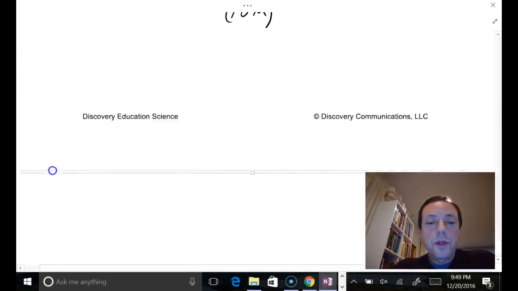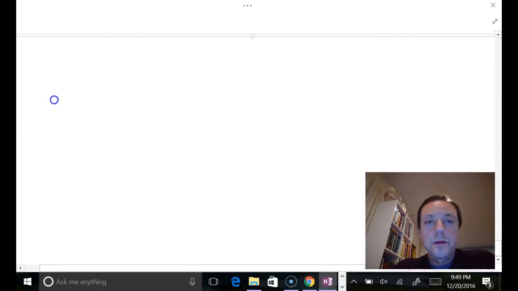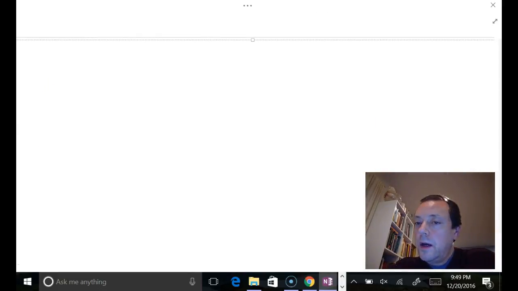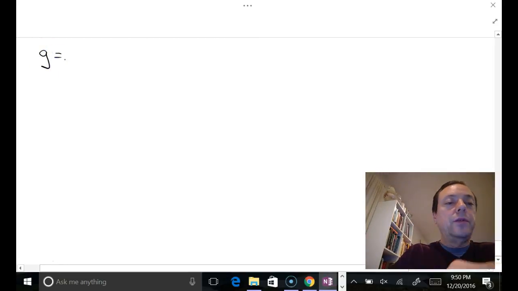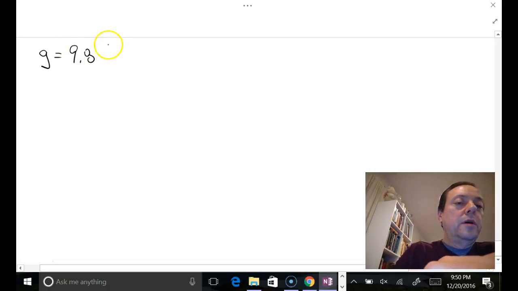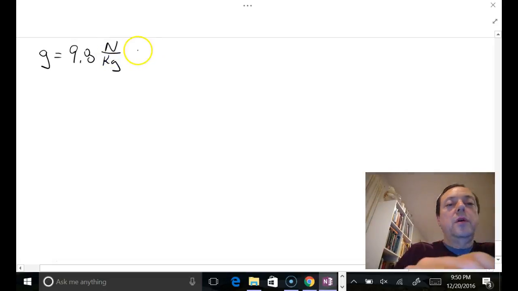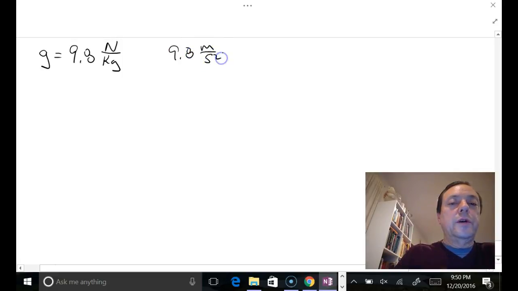Okay, so what I'd like to do now is derive that g we got for the acceleration due to gravity on Earth, which was about 9.8 newtons per kilogram, or 9.8 meters per second squared.